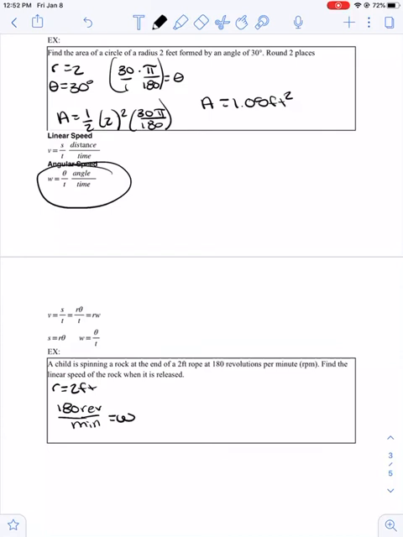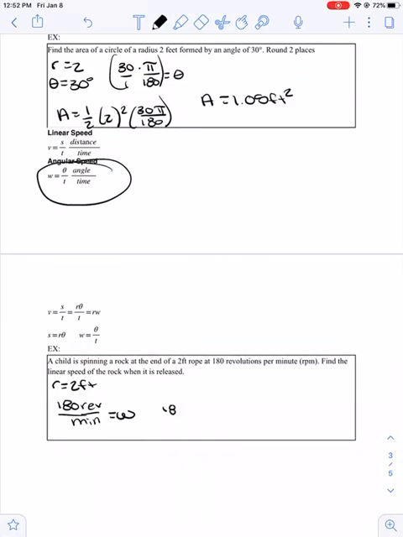So we're going to change 180 revolutions per minute first to radians. We have 180 revolutions per minute, and we're going to multiply that by 2 pi over 1 rev, because 2 pi is what 1 revolution all the way around the unit circle is.